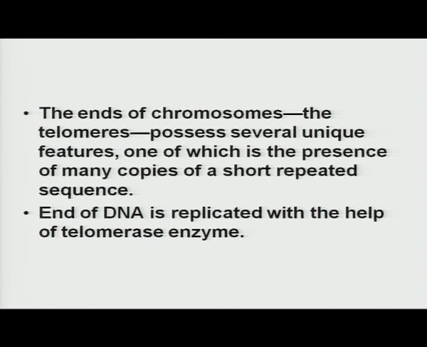Now, what about this gap? Will it remain as a gap or will it be filled up? And if it remains as a gap, after each cycle of replication, the size of the DNA will get shortened and eventually the cell will die.